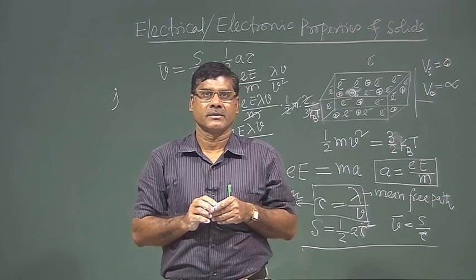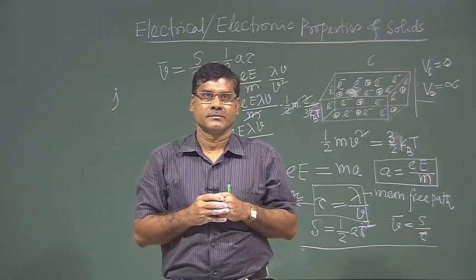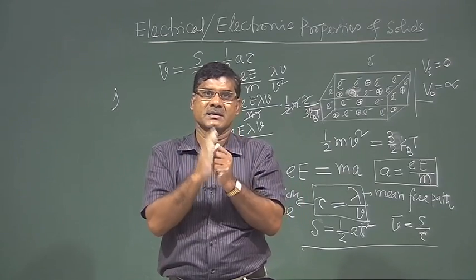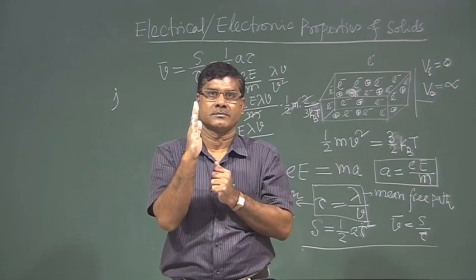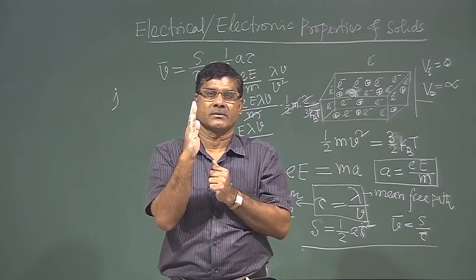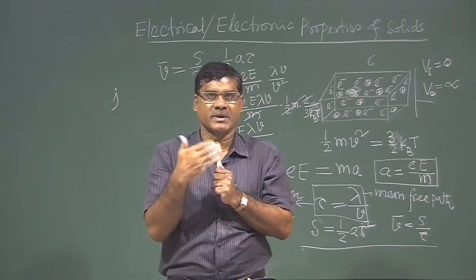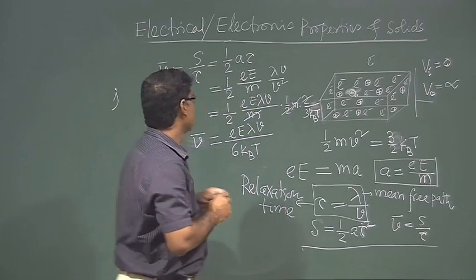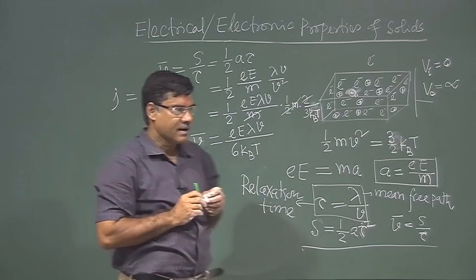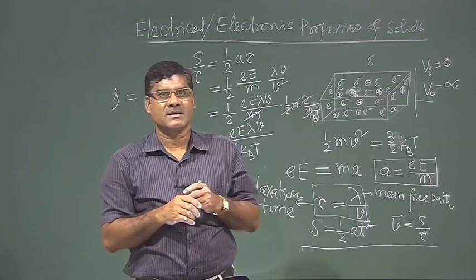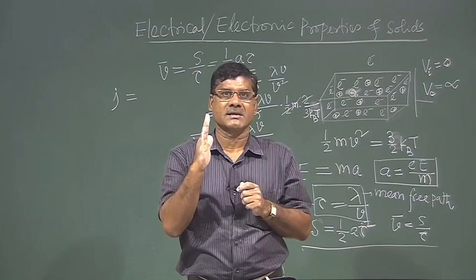Current, we define as the number of electrons passing through a cross sectional area A per unit time. So, current density is just per unit cross sectional area.